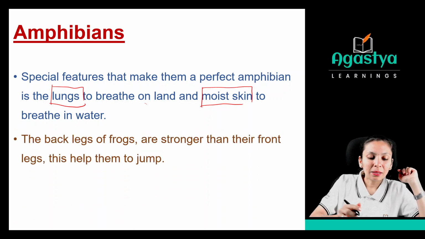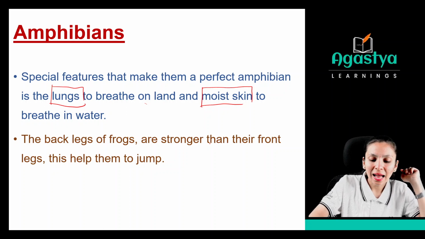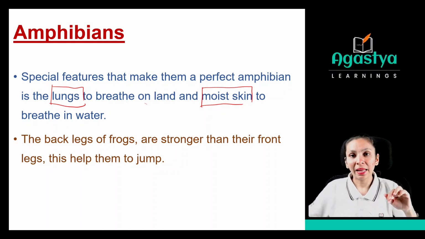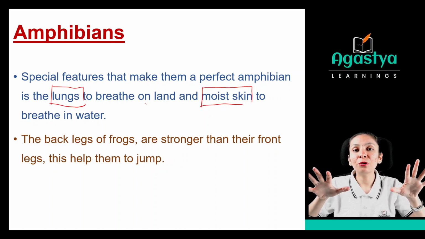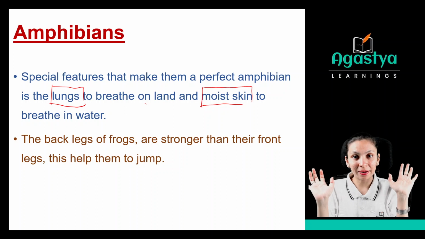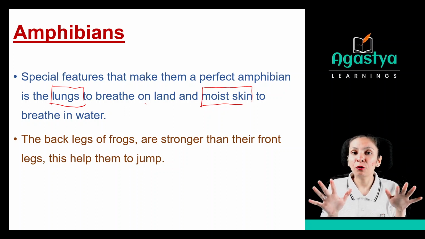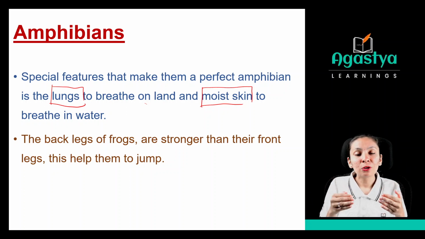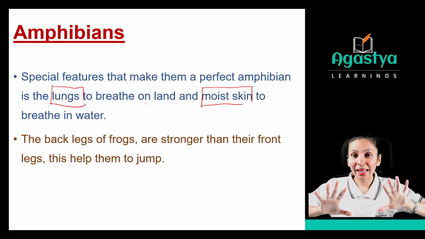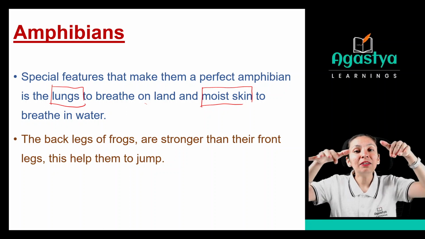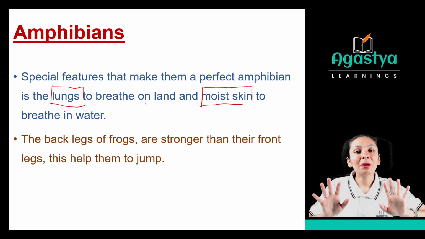Now see, the back legs of frogs are stronger than their front legs. This helps them to jump. As you want to jump from one place to another, you have to keep your strength on the back part, right? Just like that, frogs have four legs, the back legs and the front legs. But the back legs are stronger than the front ones, because they have to jump.